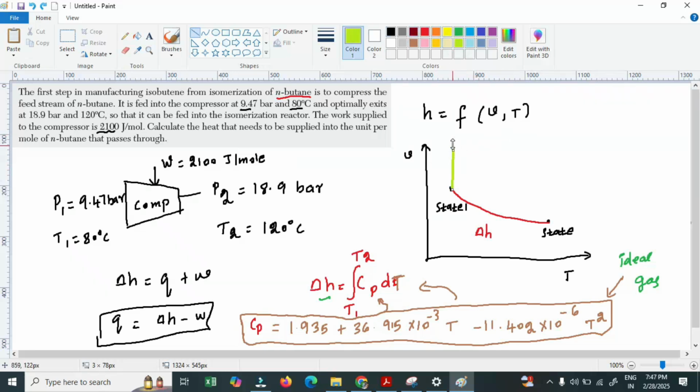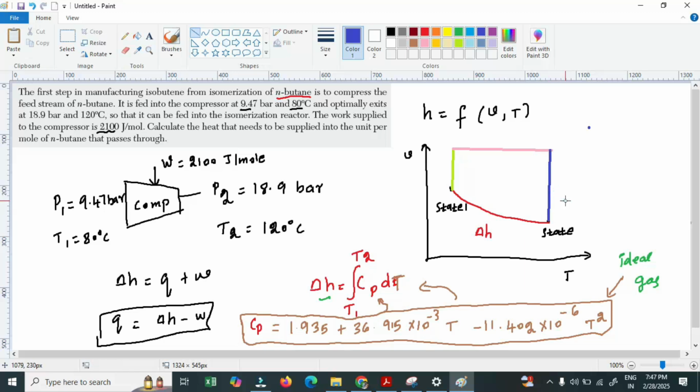Step number 1, let me mark step number 1, step number 2, step number 3. Okay, and let me save this. Step 1 of problem solving. Now let us continue the problem with another empty page.